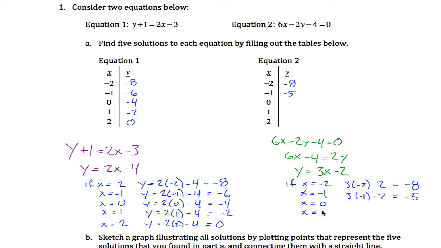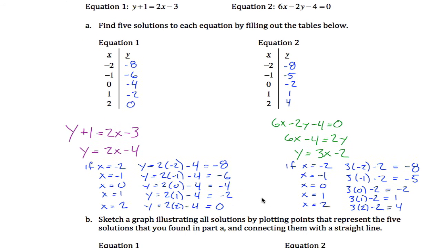I'll keep going through filling out the rest of these, although it's kind of tedious at this point. If x equals 0, I'd have 3 times 0, which is 0, minus 2 is negative 2. If x equals 1, I have 3 times 1, which is 3, minus 2 is positive 1. And if x equals 2, 3 times 2 is 6, minus 2 is 4. So if I fill those in here, I have all 5 solutions for each equation.